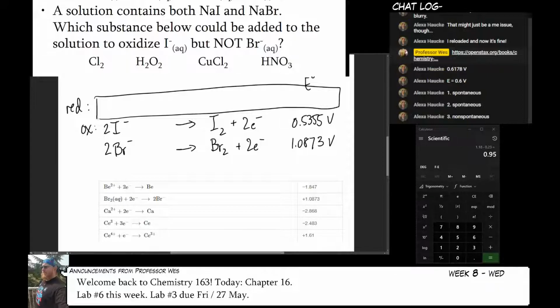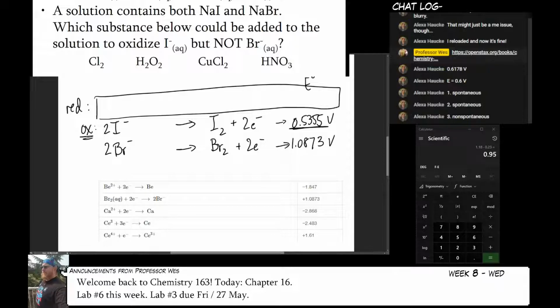Well, which one do we want to oxidize? We want to oxidize iodide, but not bromide. Okay. So what we need is, remember, the more negative thing needs to go on the anode. So I need a number that is bigger than this.